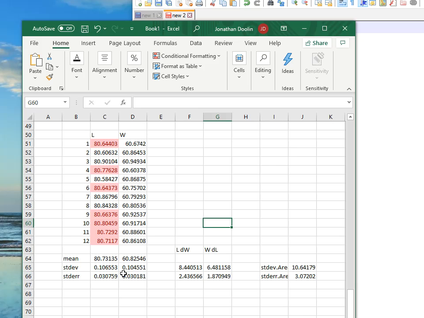Now it shows me which ones are in between the mean plus and the mean minus the standard deviation.